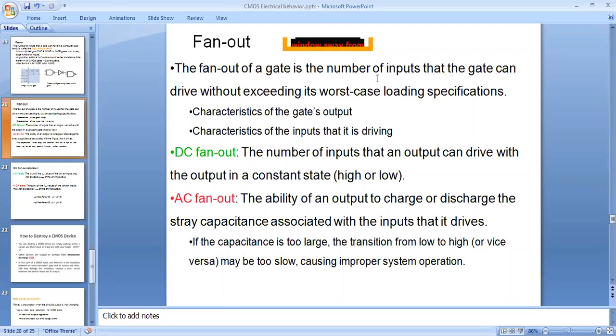Suppose we connect 3 inputs at the TTL, but our CMOS output load specification varies, that is, previously it is 4.3 volts, then it changes to 5 volts. Then the circuit does not handle that TTL.